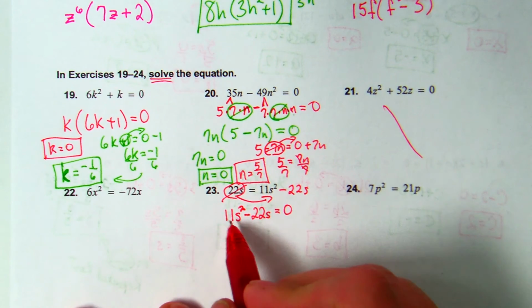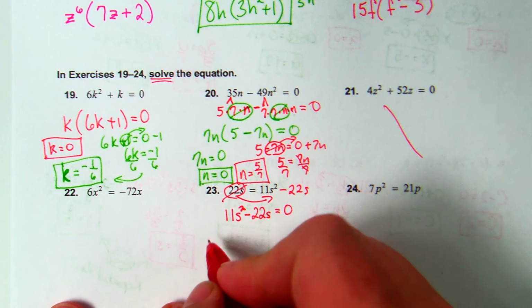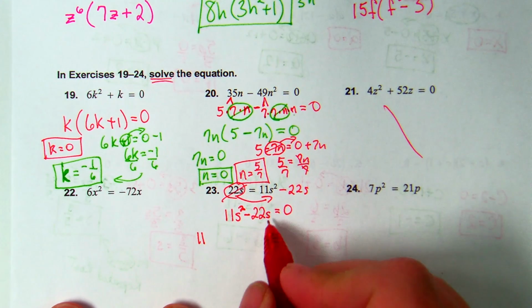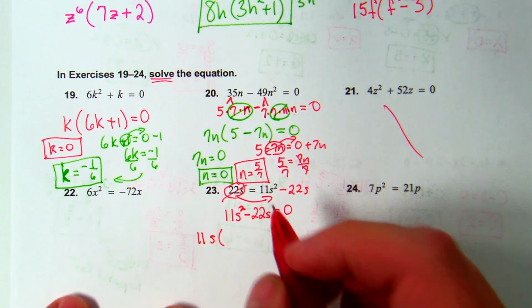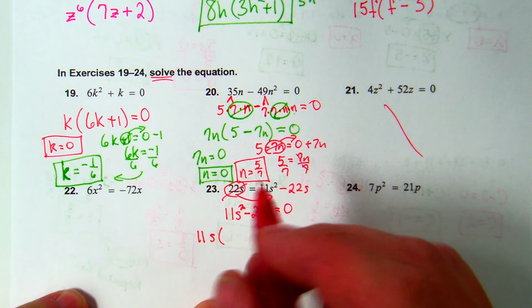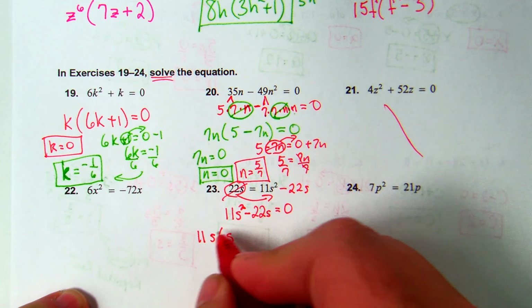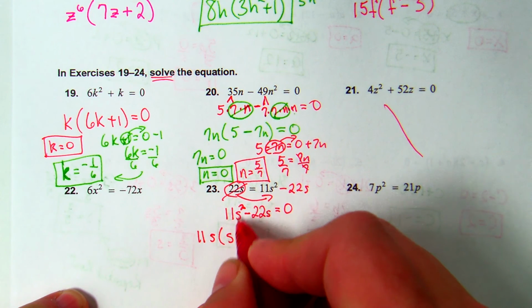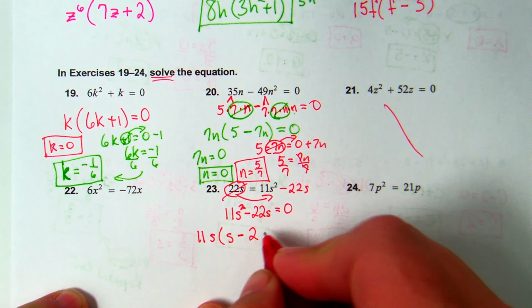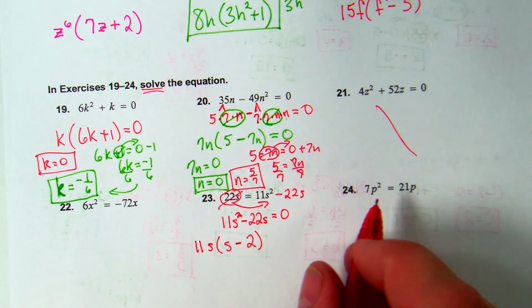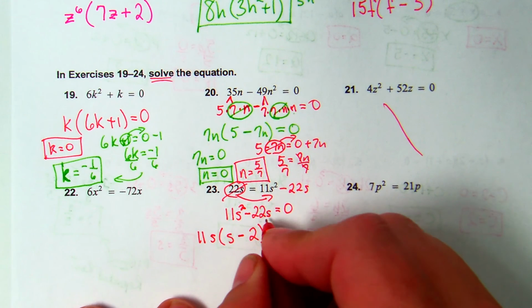I can pull out an 11, because 11 goes into 22. I can pull out an s out of both of these. So I pull out 11s. After I pull 11s out of 11s squared, I'll have an s left, and I'll have 2 for 22s if I divide that by 11s.